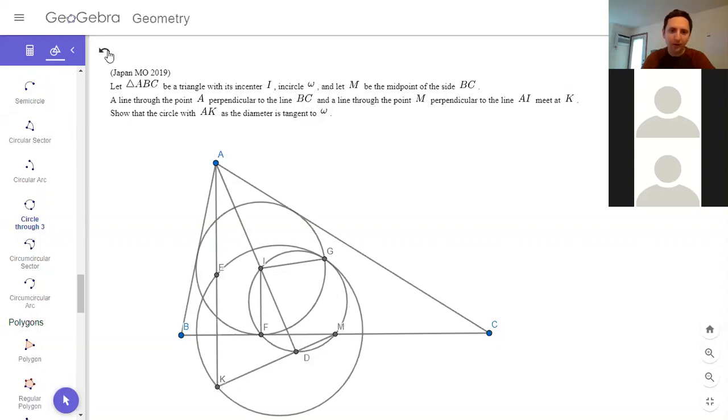That would mean, let's see. There's so much stuff going on, I don't even know where to start. But yeah, we want to show KF and G are collinear. We want to show EI and G are collinear. We want to show AGDK is cyclic, and we want to show that that circle is tangent to the incircle. I wonder, yeah, let's see if we can.